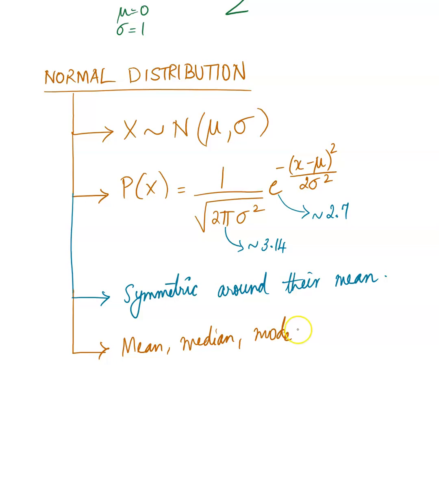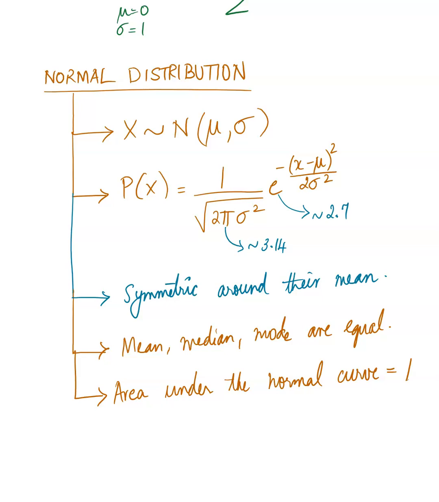They're all equal in a normal distribution. That's fantastic, isn't it? That's why it's more sought after, because we have done exercises where the mean, median, and mode gave us different values. But here they all come together. They're all equal. Okay? And then we saw already that the area under the normal curve, meaning the bell curve, is 1.